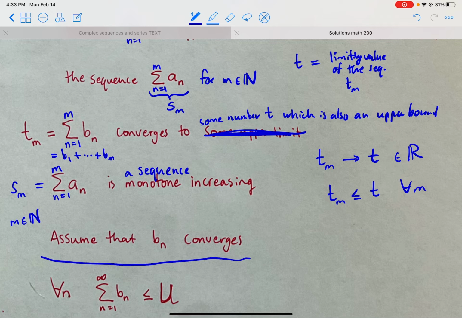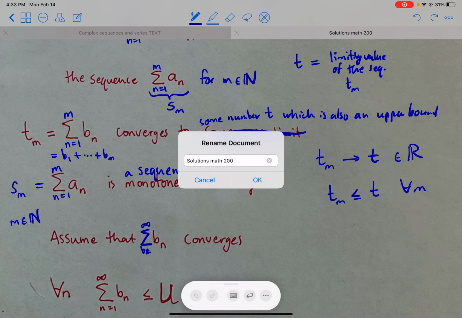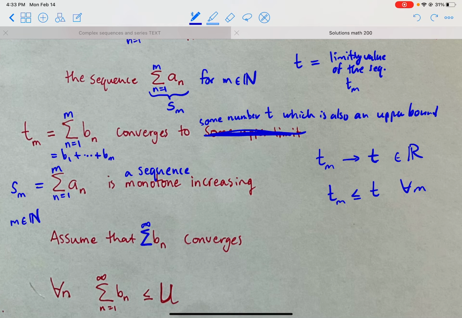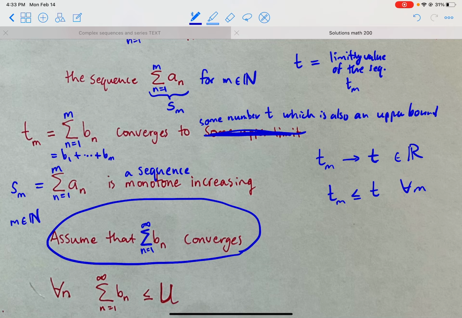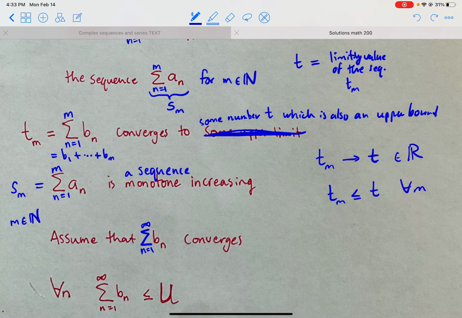Okay, let's look at this one. Assume that b sub n converges. I'm pretty sure the person meant the series. Assume that the series converges. That's what they meant. Now, this also does make sense because b sub n is a sequence, and a sequence can converge.